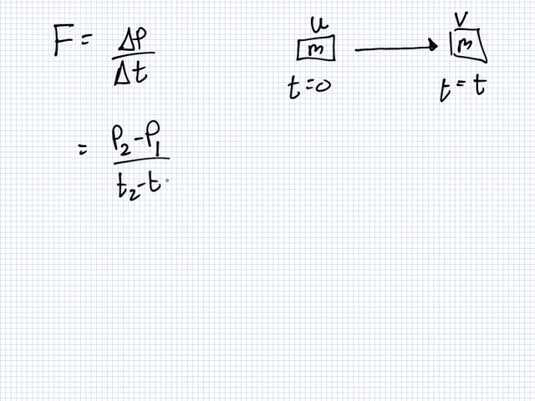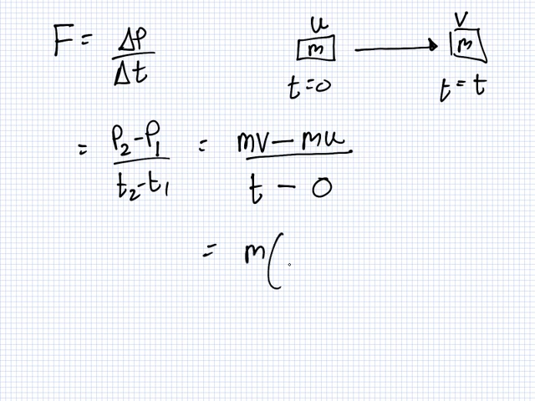t2 minus t1. So what's the momentum at the end? What would that be here in this picture? What would it be? Maybe mv, yeah? Minus, and the momentum at the start? mu. Over t minus 0. So this I can write as m(v minus u) over t.